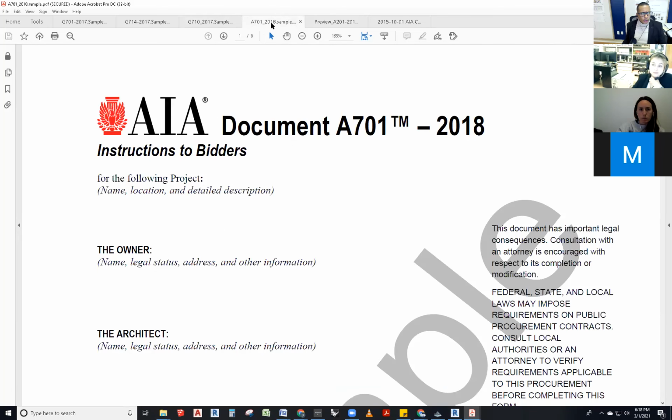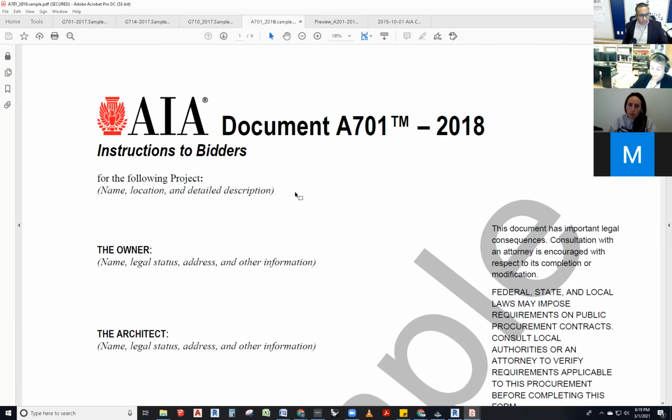Now, I then want to talk to you about this other document called instruction to bidders. There's another one that's called instruction for proposals, but this document happens right there when we're about to get an A101 signed, and we are supposed to be assisting the owner in getting bids or proposals. All right.